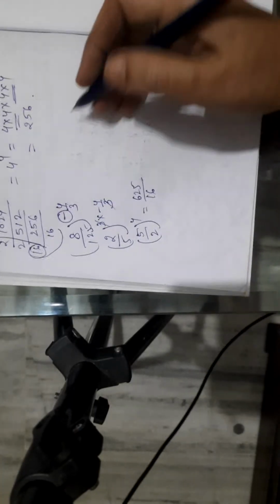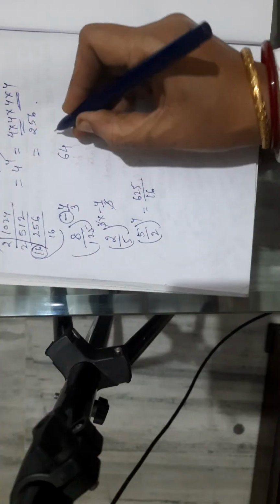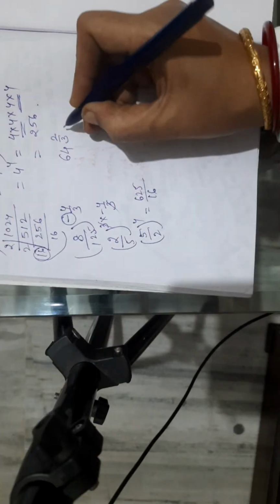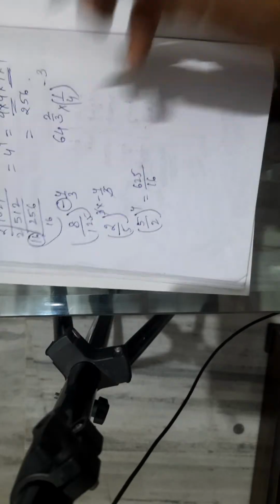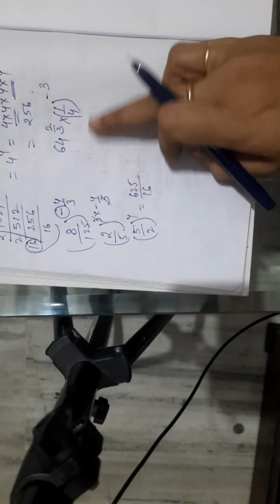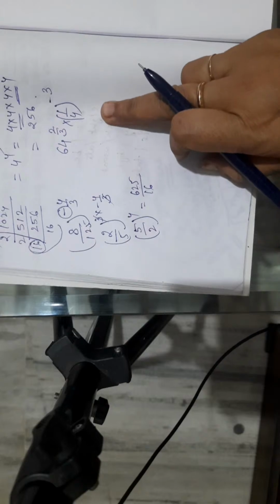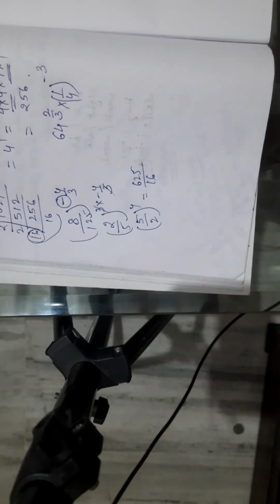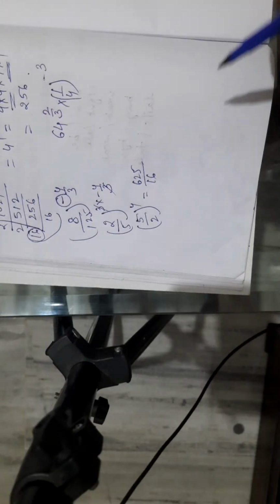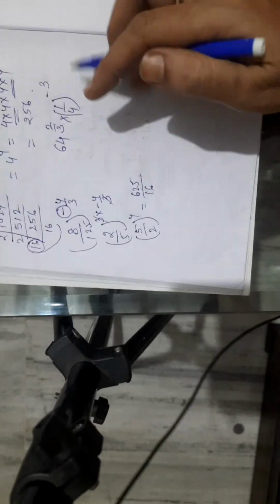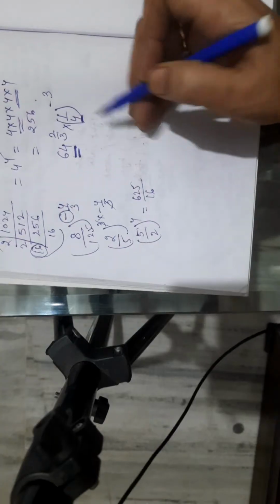Now the next question is 64 raised to 2 by 3 multiplied by 1 upon 4 raised to minus 3. If this kind of question comes, always keep in mind you need to bring the base to be the same.